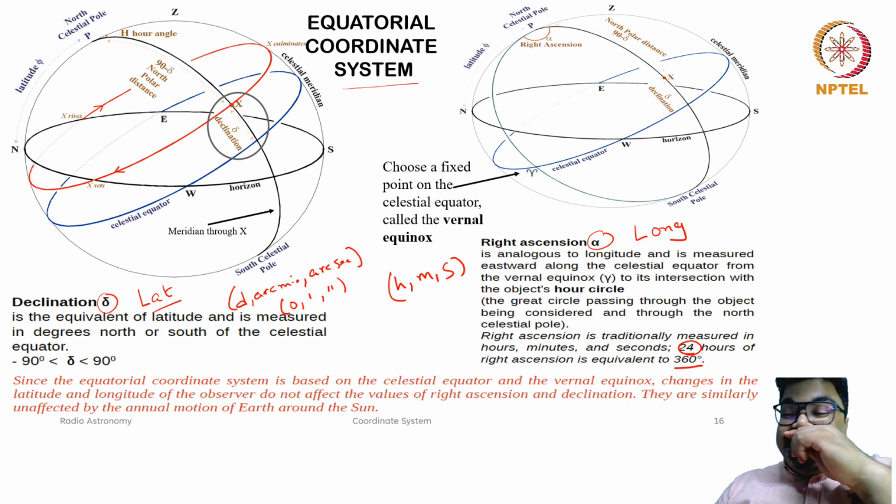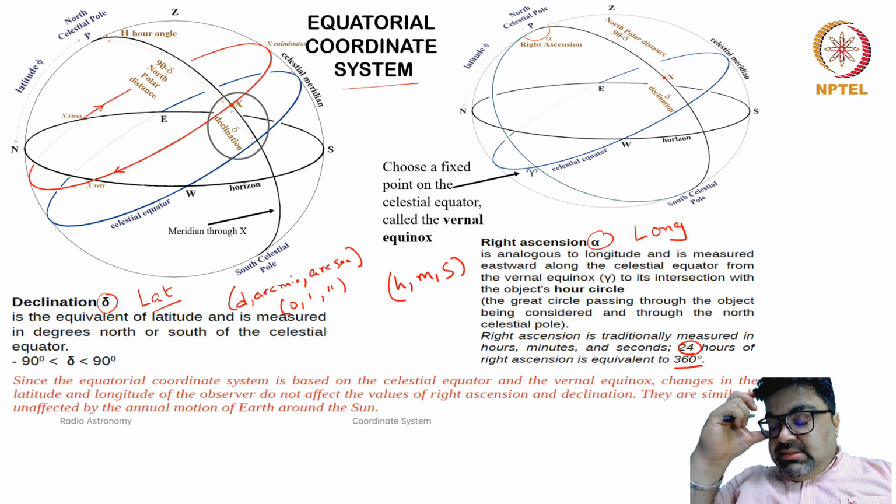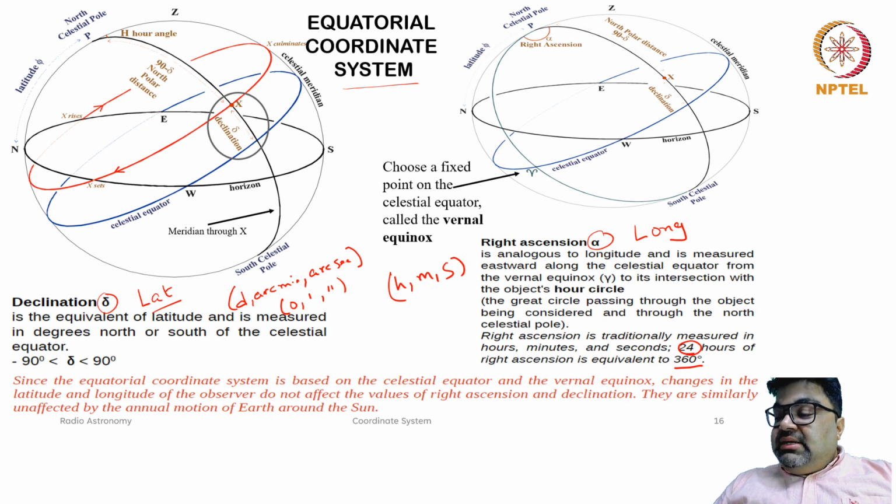So how do we go about doing this? Let's first define the hour angle and the declination, and from the hour angle we will come to the RA also. Declination is basically just a distance. Suppose there is a cosmic source at the location X on the celestial sphere. Now delta is basically the angular distance.